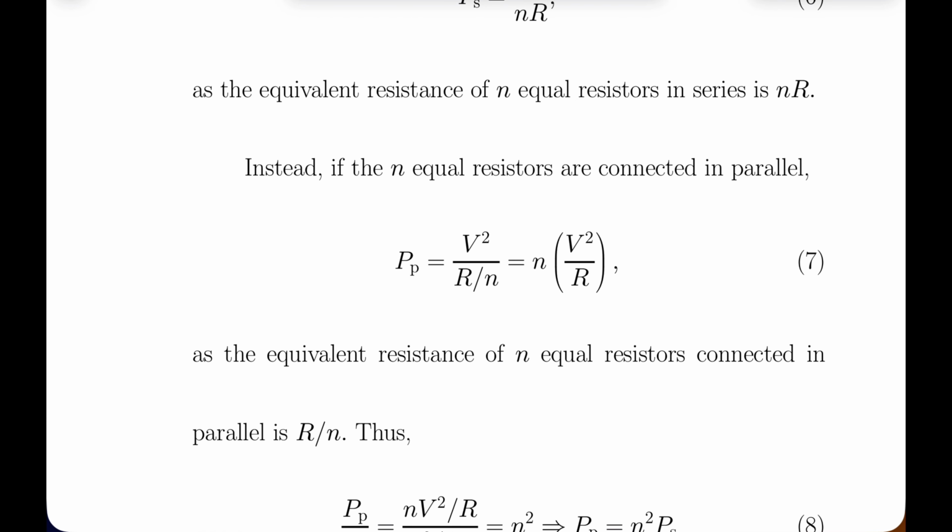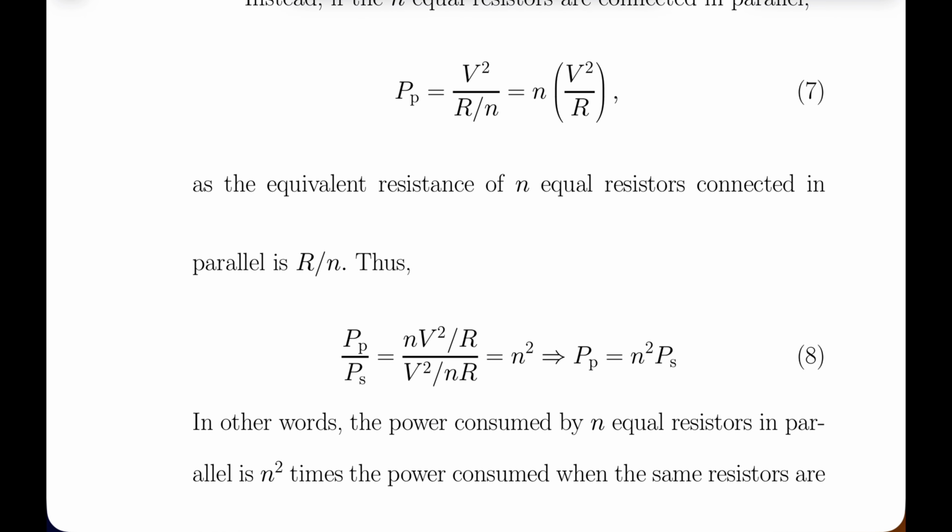Instead, if N equal resistors are connected in parallel, then PP is equal to V square by R upon N. This is the equivalent resistance of N resistors of equal value R in parallel. So this is N times V square by R. So we have PP upon PS is N V square by R upon V square by N into R. This is equal to N square, or PP is N square into PS.